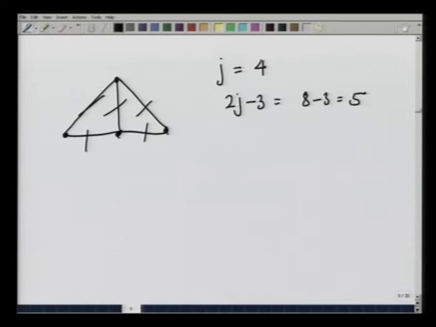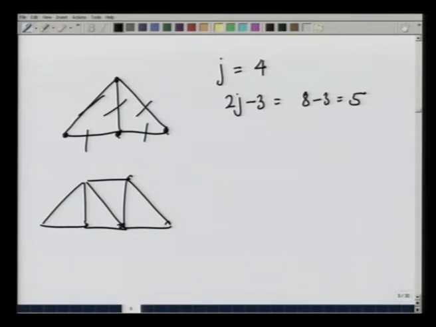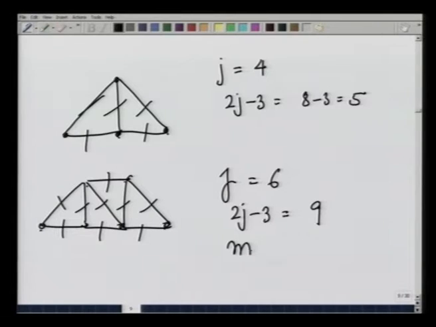The other structure that I made was like this. The number of joints here is equal to 1, 2, 3, 4, 5, 6, and therefore, 2j minus 3 is equal to 9, and I have 1, 2, 3, 4, 5, 6, 7, 8, 9 members.